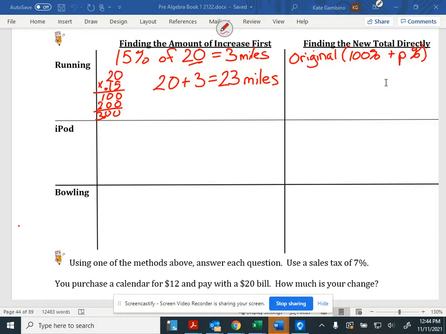So our original amount that we were running is how much? 20. So that's going on the outside. Times 100% plus what is our increase? What percentage did we want to increase it by, Caitlin? 15%.